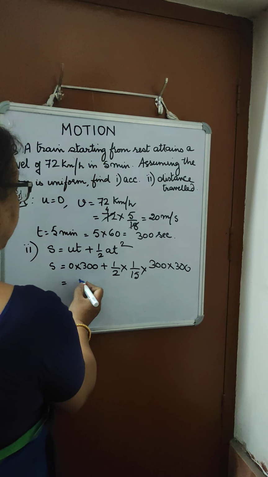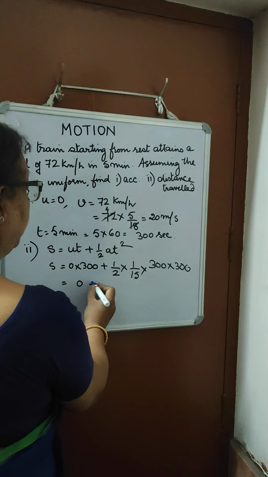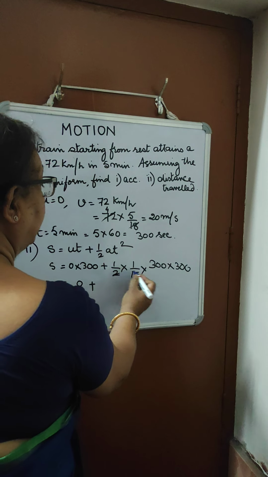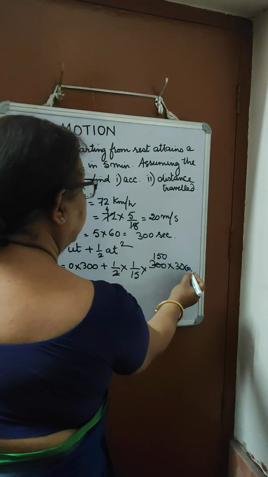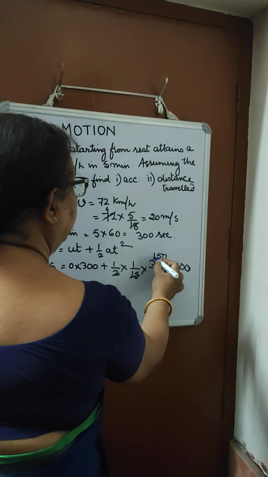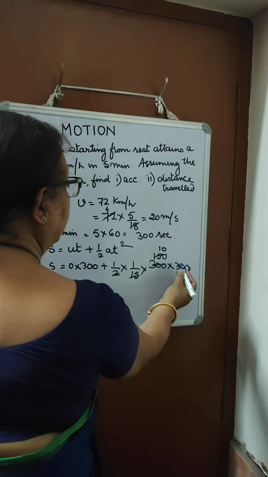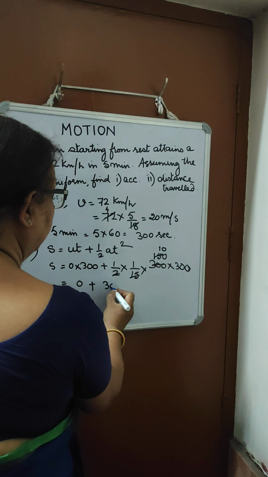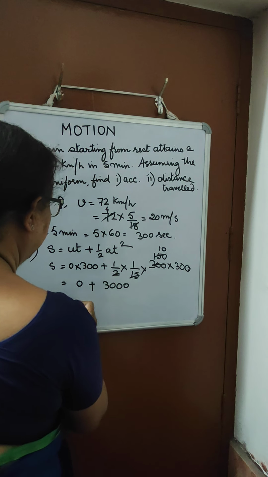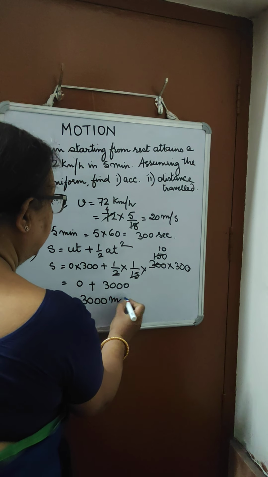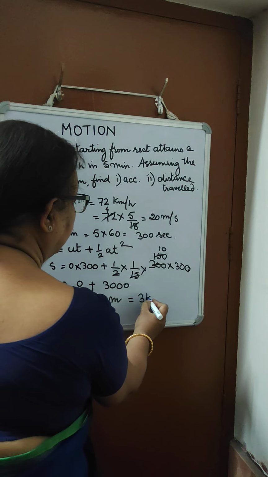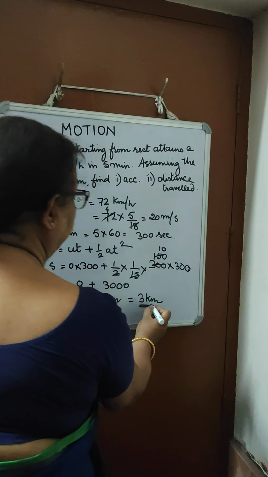So the first part is 0, plus you can cancel it, 150, again 15, 10 into 300, 3000. That is you have 3000 meter, or you can write 3 kilometer.